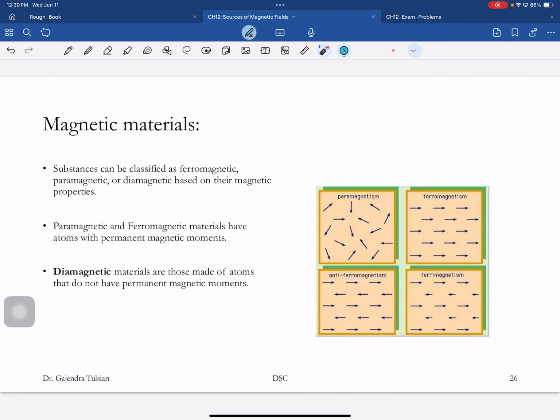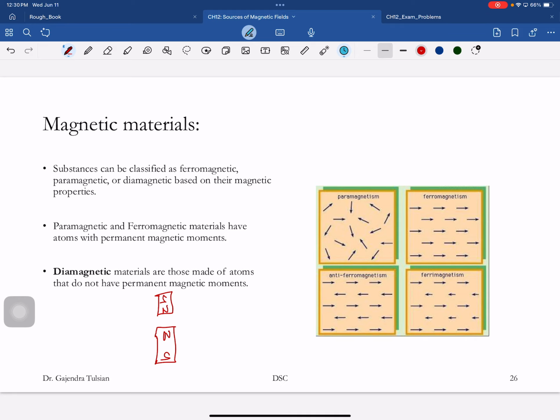So paramagnetic and ferromagnetic materials have atoms with permanent magnetic moments. Diamagnetic materials are those made of atoms that do not have a permanent magnetic moment. When you bring a magnet near a diamagnetic material, it will induce a magnetism in the opposite direction in their atoms.